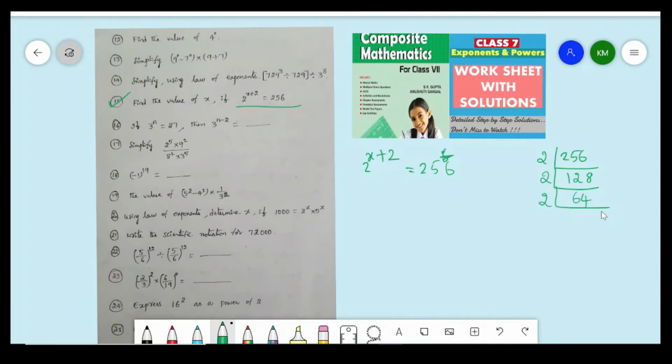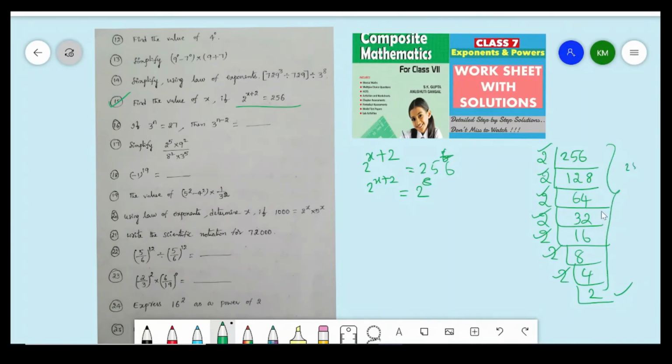Again with 2, 32 times, again 2 sixteens, again 2 eights, again 2 fours, again 2 twos. So how many 2s are repeating here? I am just counting 1 2 3 4 5 6 7 8. So 2 power x plus 2 is equal to 2 power 8. This 256 I have written in exponential form, that is 2 power 8.